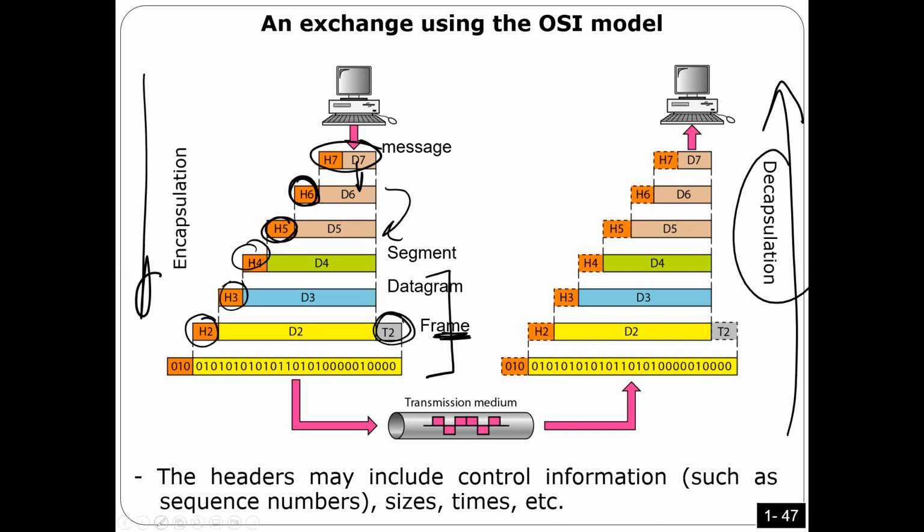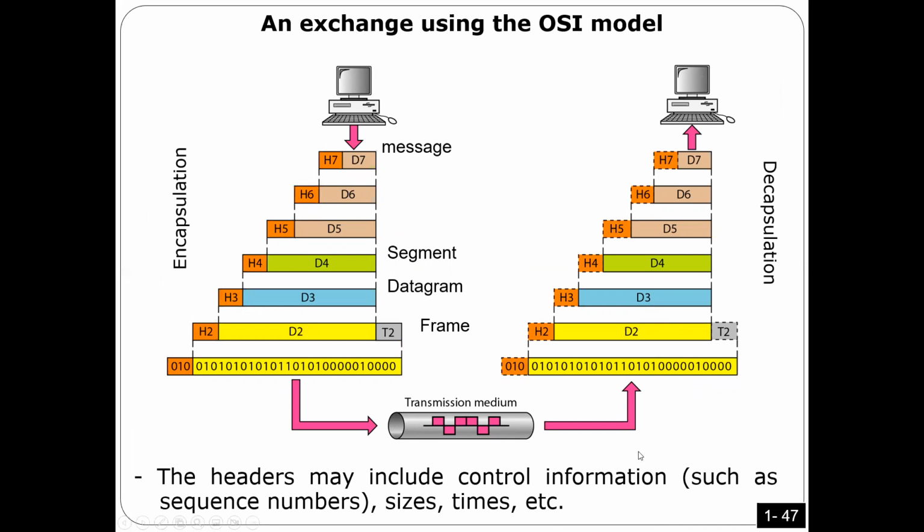But anyway, who is going to read this header and this trailer? The corresponding layer here is going to read them, and then remove them and send this packet up. Same thing, the header you put at layer 3 is going to be needed by layer 3.